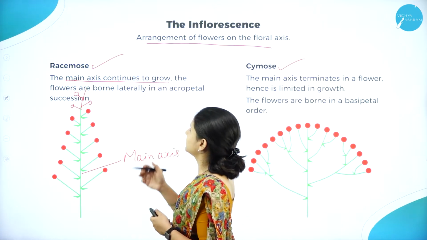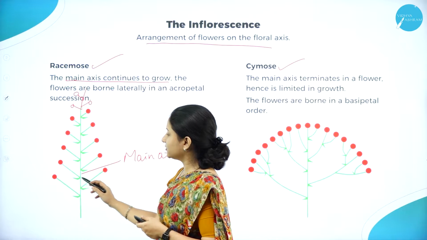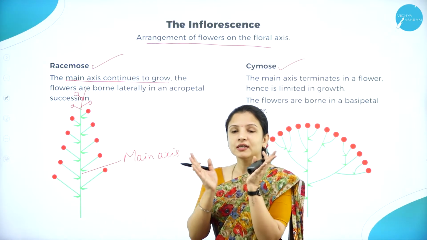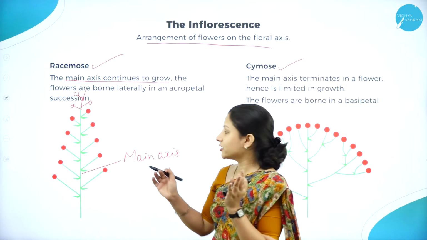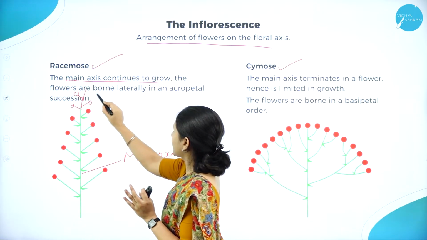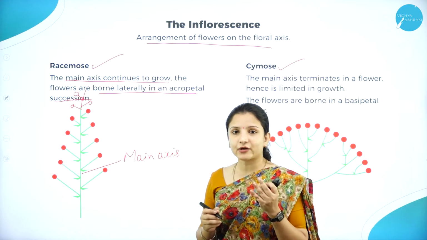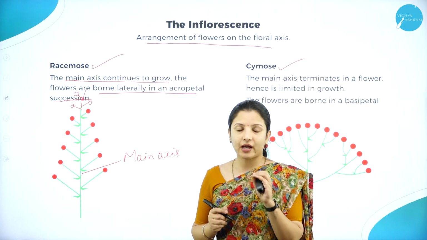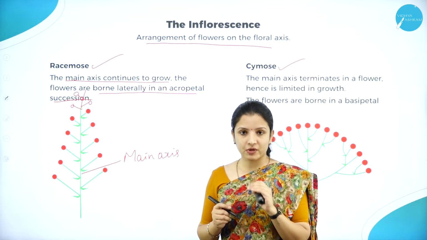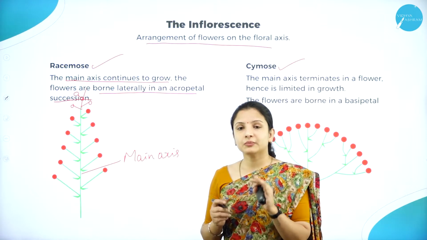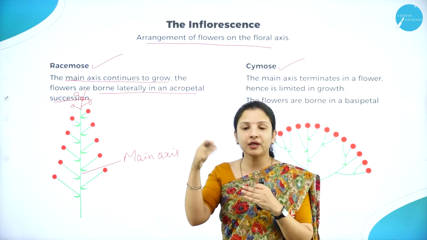The main axis will continue to grow and the flowers will be borne laterally, that is towards the sides of the axis. They will grow laterally towards the side of the main axis, and they are in acropetal succession. So, what is acropetal? Remember, I also told you about the acropetal arrangement of leaves, right? There, the older leaves will be present at the base and the younger leaves will start developing after that.